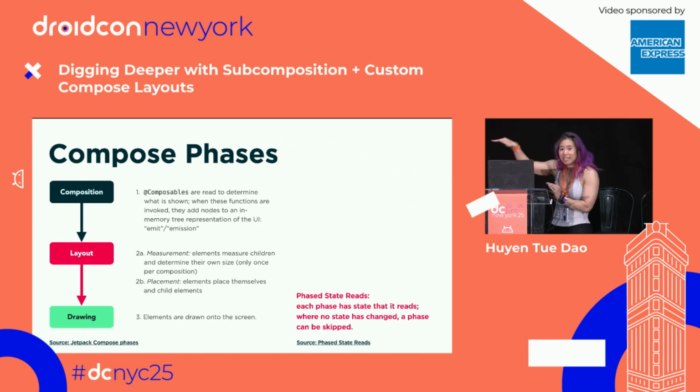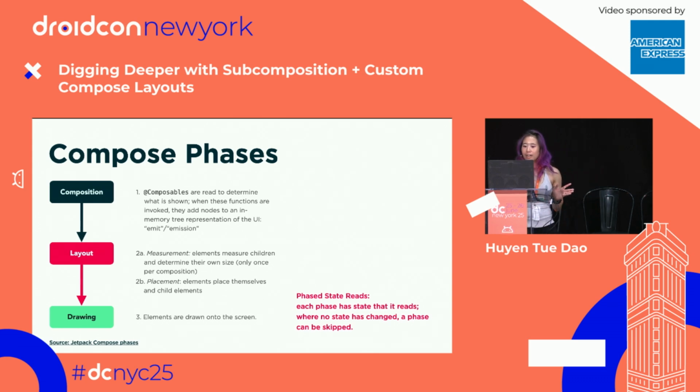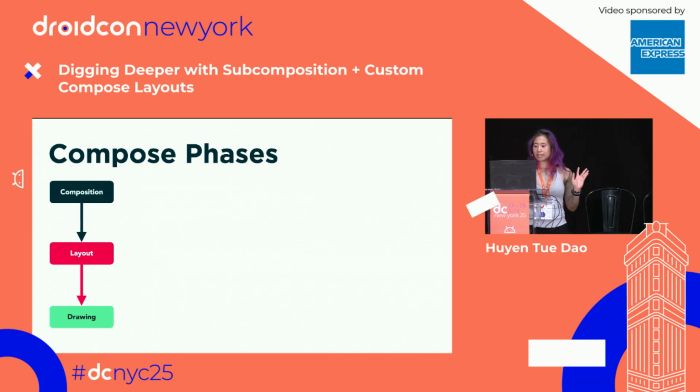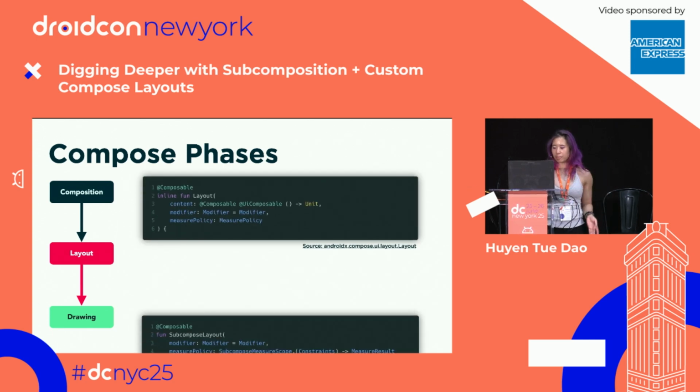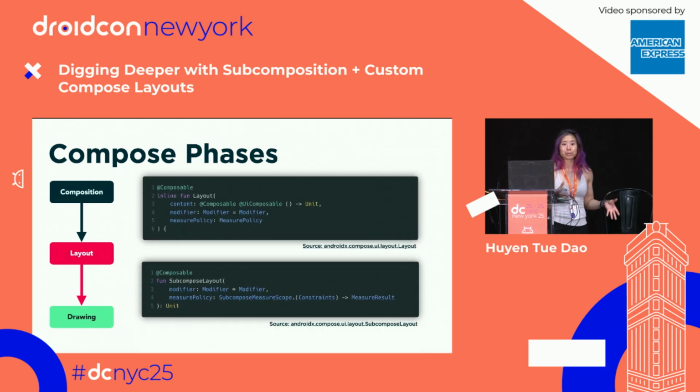But now we've got this fine-grained level as well, and I think that's really cool. I want to show an example of this. It's not just good for reasons like performance, but I want to talk about some non-performance reasons why it's nice to be able to use components like layout and subcompose layout to actually build components.